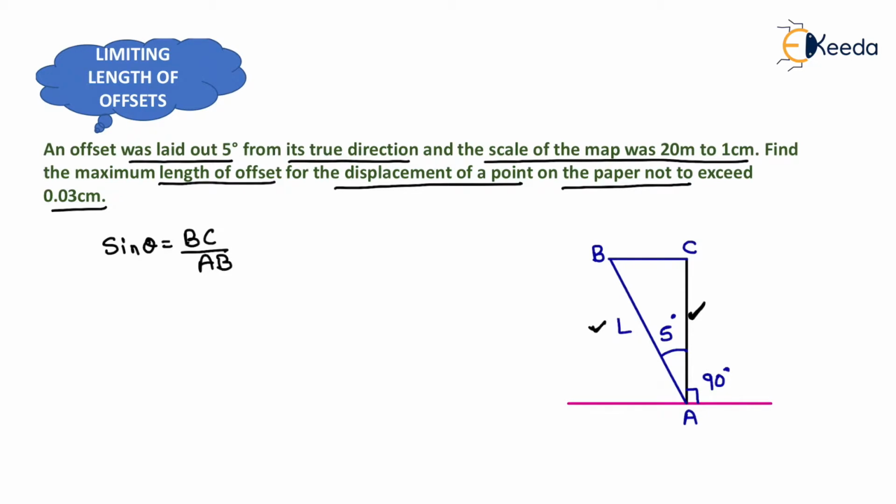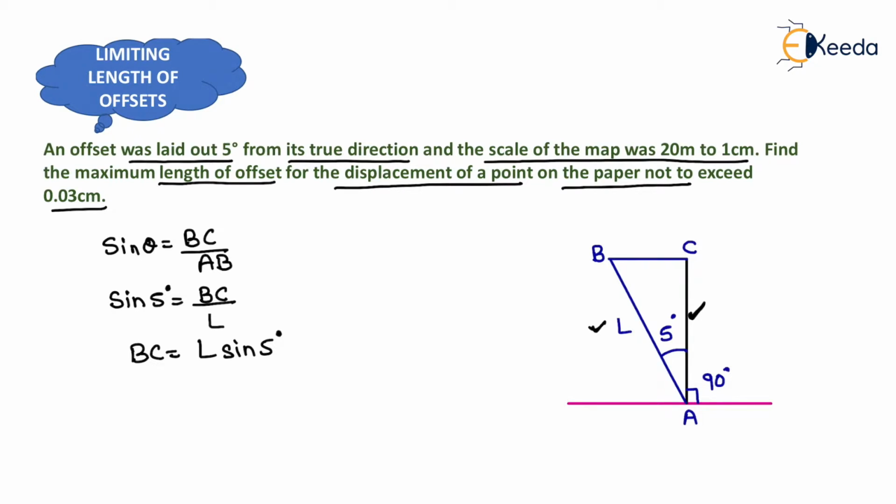Now we have the value of theta, that is 5 degrees, so we will mark theta as 5 degrees. Now we want to compute the value of BC, so we will write BC as it is, and the value of AB is L. So the value of BC will be equal to L sin 5 degrees.